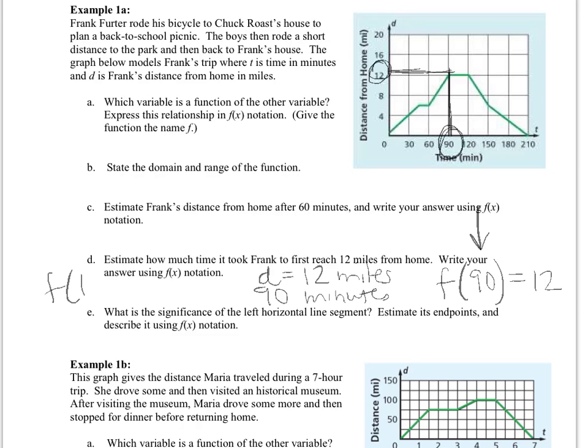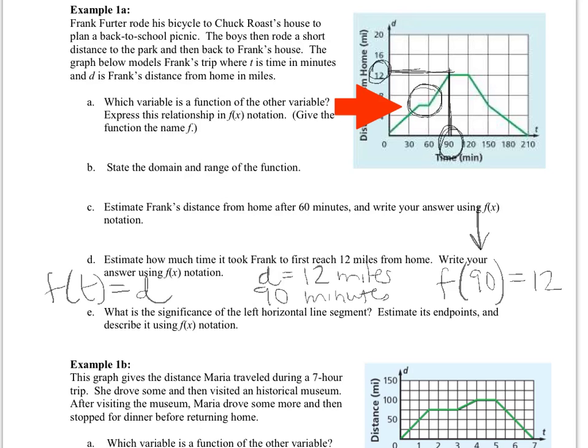And finally, part E. What is the significance of the left horizontal line segment? Estimate its endpoints and describe it using f of x notation. They're talking about this little tiny horizontal line segment right there.